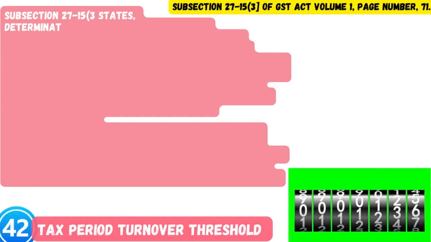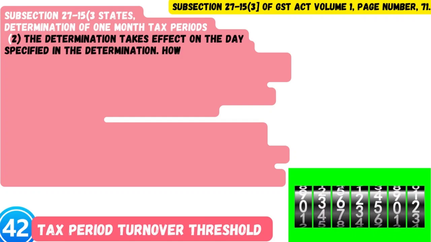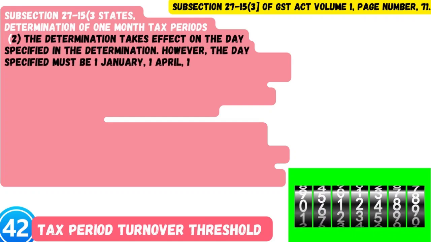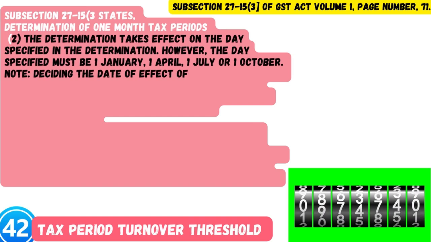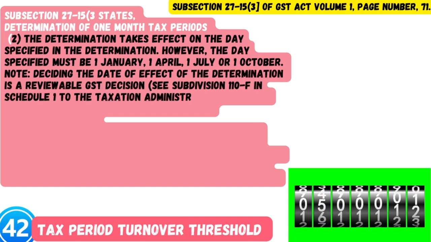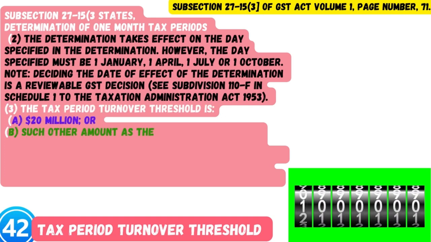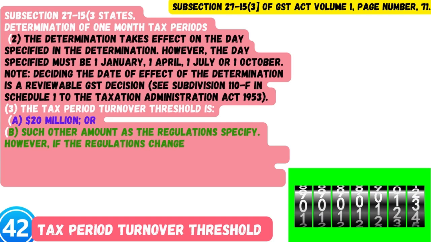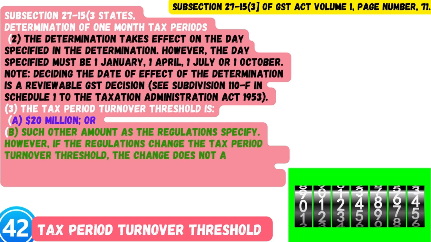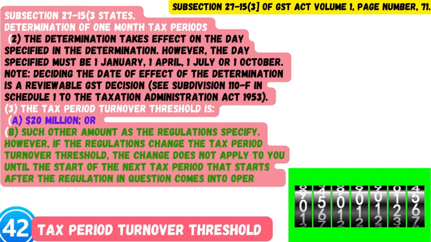2. The determination takes effect on the day specified in the determination. However, the day specified must be January 1st, April 1st, July 1st, or October 1st. Note: Deciding the date of effect of the determination is a reviewable GST decision. See Subdivision 110-F in Schedule 1 to the Taxation Administration Act 1953. 3.